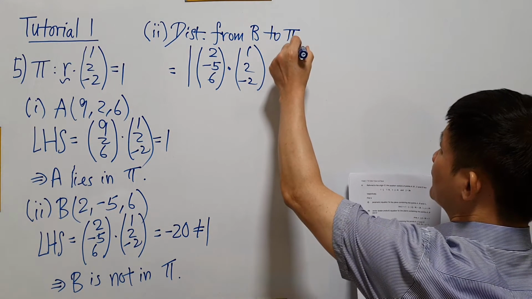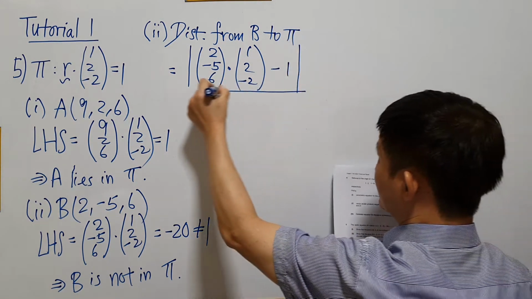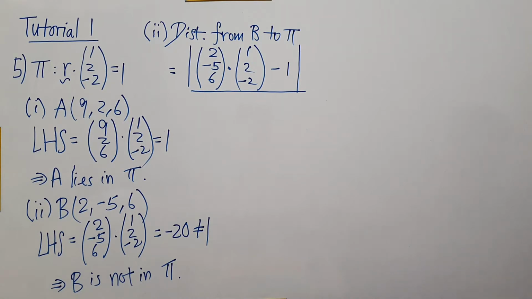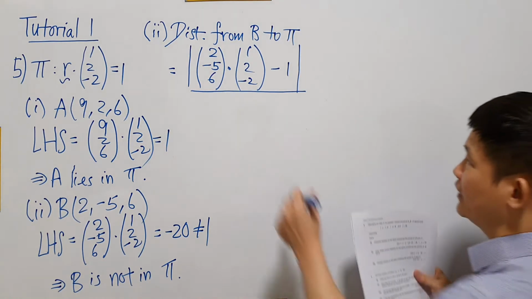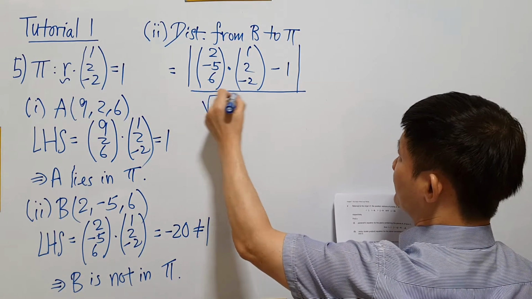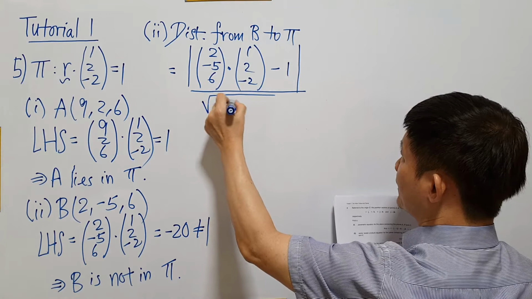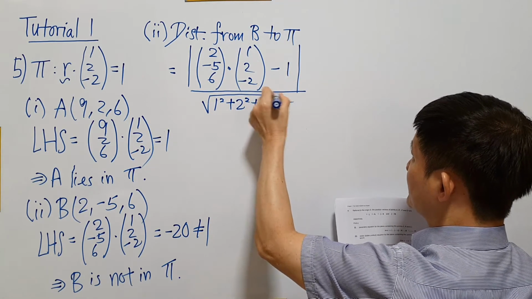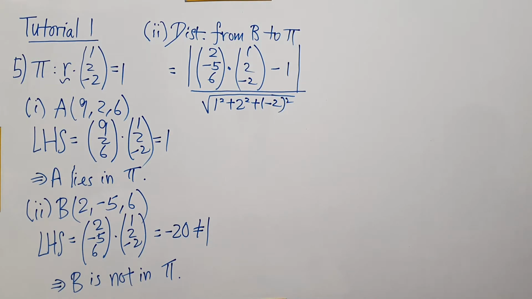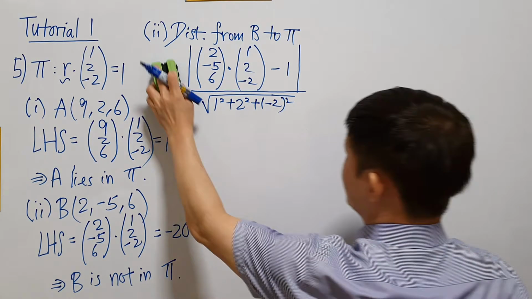Minus 1, and then you divide by the magnitude of the normal vector of the plane. So you divide by square root of 1 square plus 2 square plus minus 2 square. This is how you find the distance from a point to a plane.